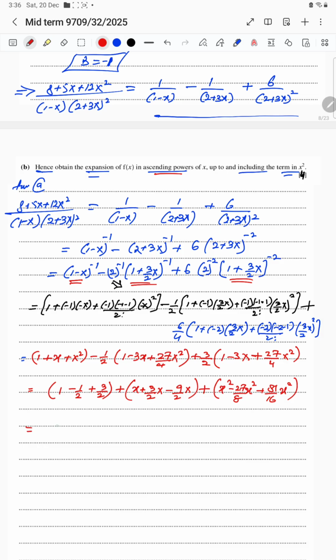Once you solve this, I will get the answer 2 minus 11 by 4 x plus 10 x squared.